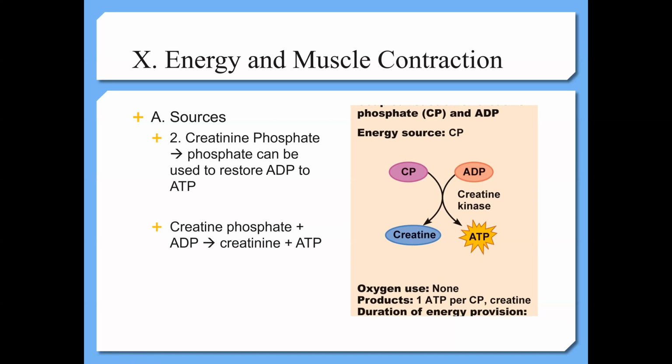Oh, as an aside, the absolute best recovery drink post-exercise is not something you buy in the gym. You go to Publix, you go to Winn-Dixie, you go to Walmart, you buy 2% chocolate milk or 2% milk.